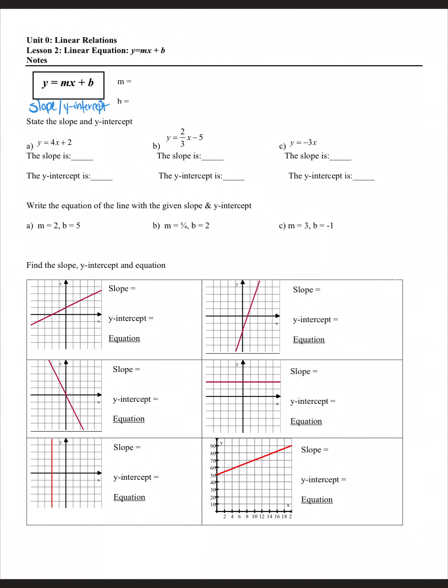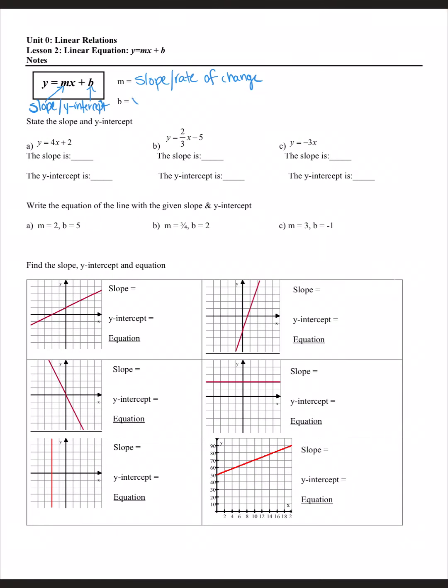The reason that it's called slope y-intercept is because the characteristics of the line that you are able to pull out of this graph are the slope, which is represented by the variable m, and the y-intercept, which is b. So m is our slope. Remember, we were looking at that in the previous day's lesson, and slope and rate of change are used interchangeably.